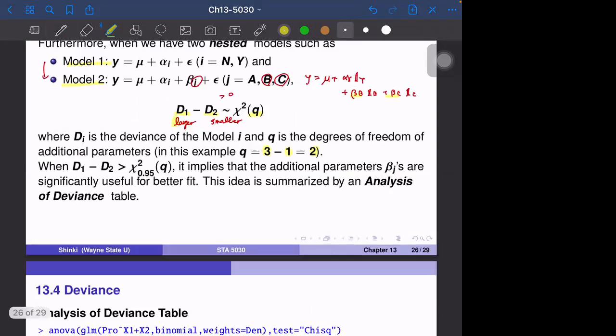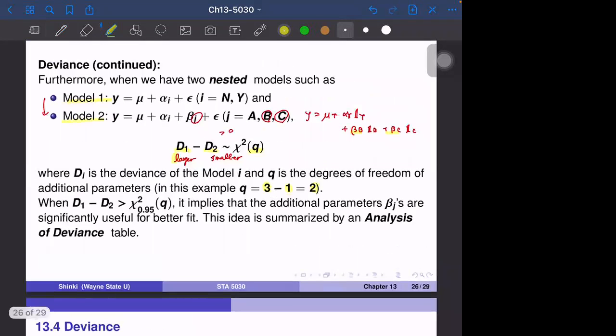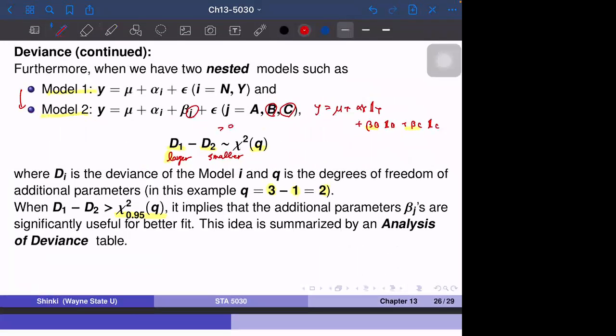If D1 minus D2 is larger than some threshold value of the chi-square distribution with degrees of freedom Q, that is, if D1 minus D2 falls in the range larger than this threshold value of chi-square 0.95 of Q, then we should reject the null hypothesis and reject model 1 to support model 2.